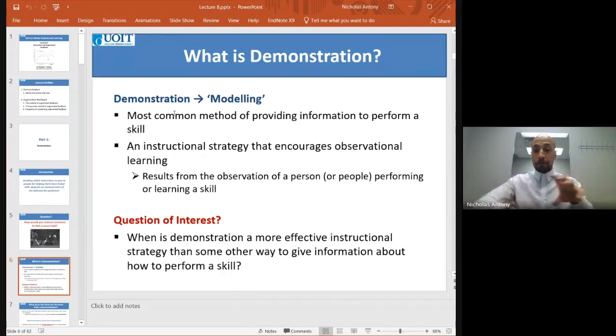So we would have the beginners or the participants observing someone called the demonstrator performing the motor skill. And then we see them do that, and then we have a better idea of how to move our bodies to perform that motor skill. What would happen if we don't have a demonstration? Then you would have, think about it this way.